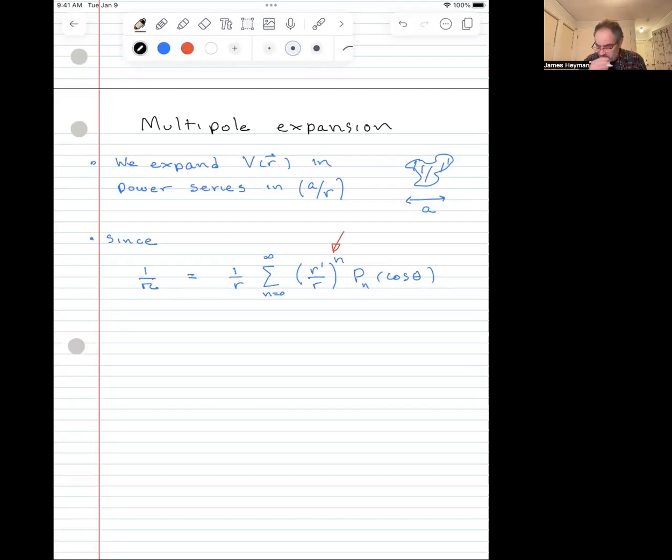So since we can write 1 over script r in this way, we can write the potential, for example, due to a point charge as 1 over 4 pi epsilon naught times the sum over all of these terms.